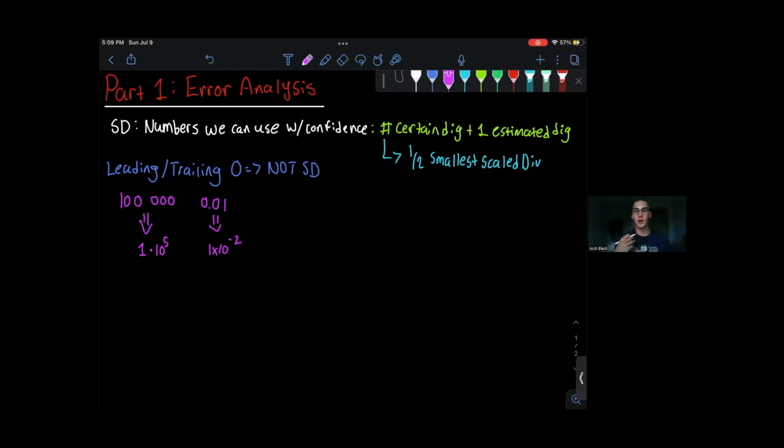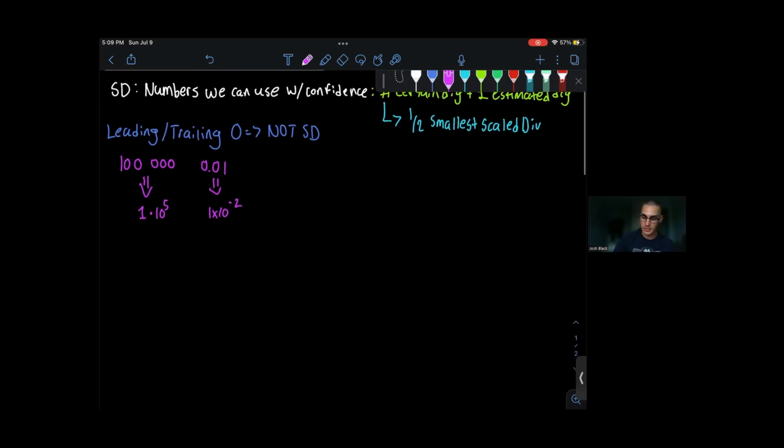Now, moving on, we're going to start talking about error. And we were introduced to a couple of different kinds of error. The first one was true error. This was E with subscript T. True error is equal to our true value minus our approximate value.